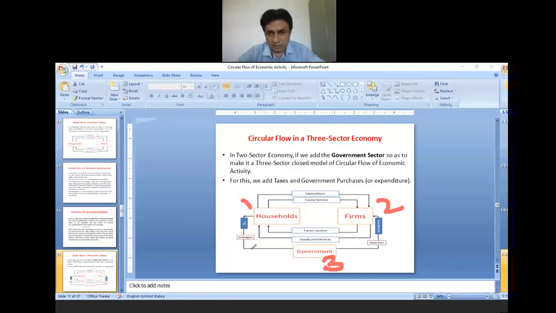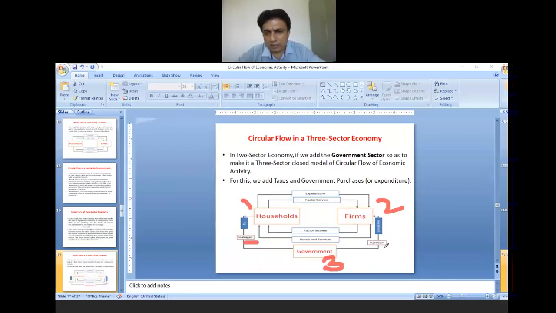As you can see here, the government is taking taxes from the household and from the firms and the businesses. In the same way, there are leakages and there are injections.